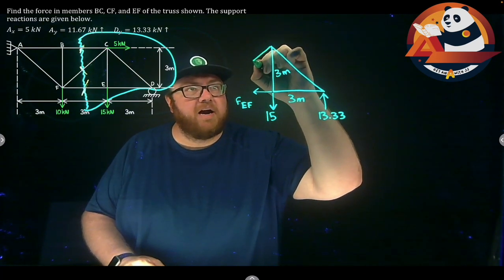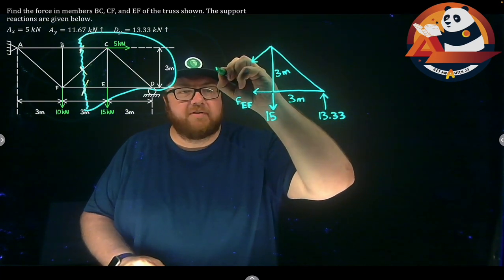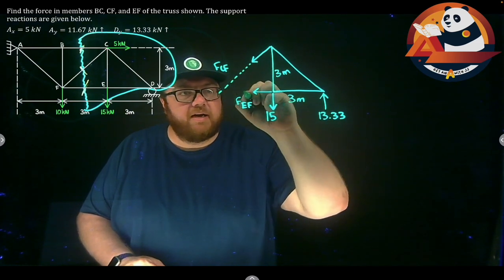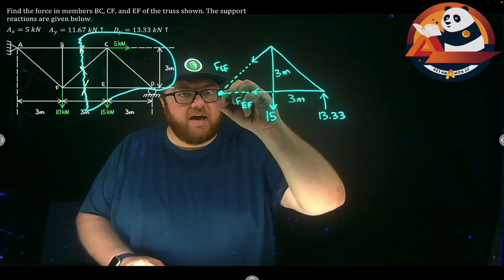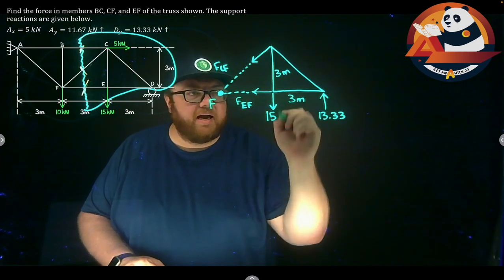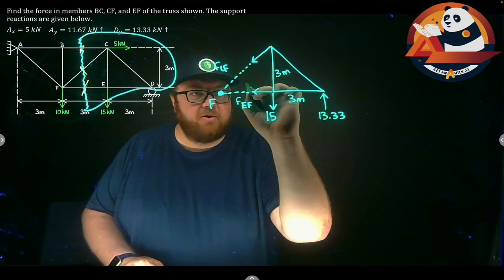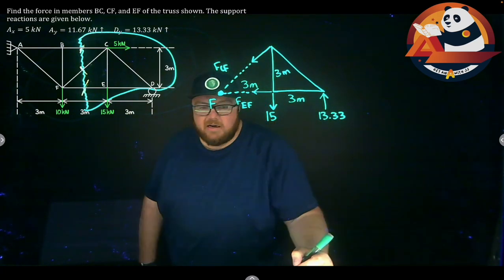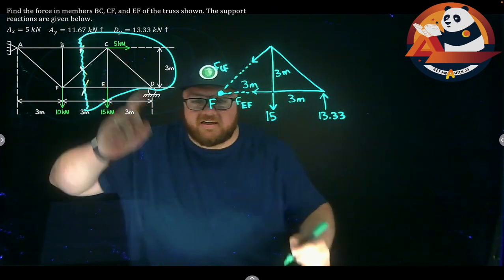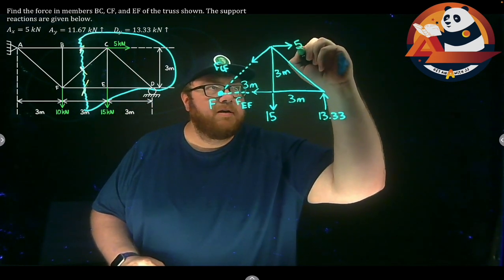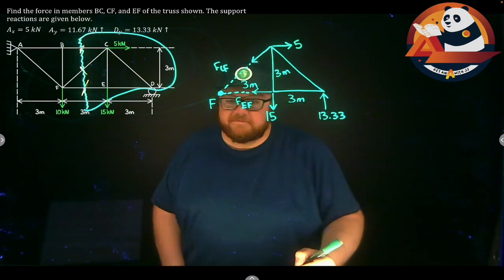It goes down and to the right, or down to the left, FCF, and it would eventually intercept with FEF out here at point F. So we'll mark that off as well. This is point F, and my distance here is also 3 meters, despite what my picture looks like. I left off a force by accident. Up here at C, I should have a 5 kilonewton force going to the right.